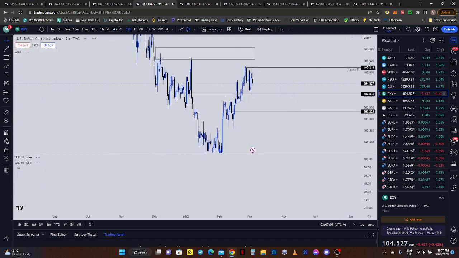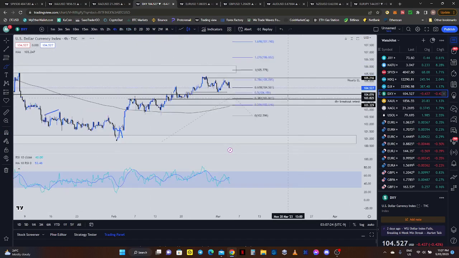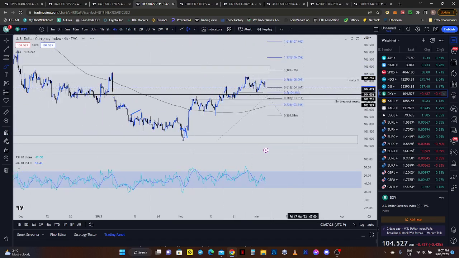And where am I expecting it to go? If we keep trending up, I am expecting, whether we come down and then go up, or if we just go up from here, I'm looking at these levels up here, right? 106 area. I've got my target somewhere, some time frame I've got them.